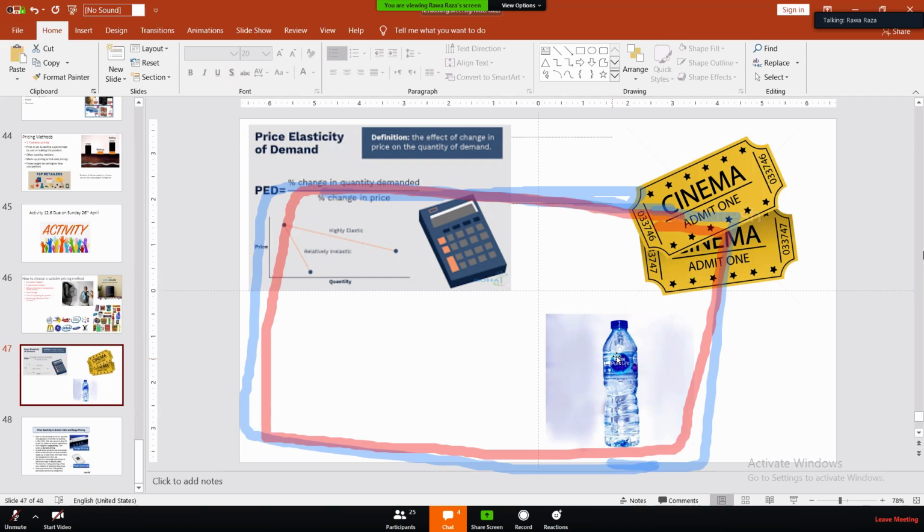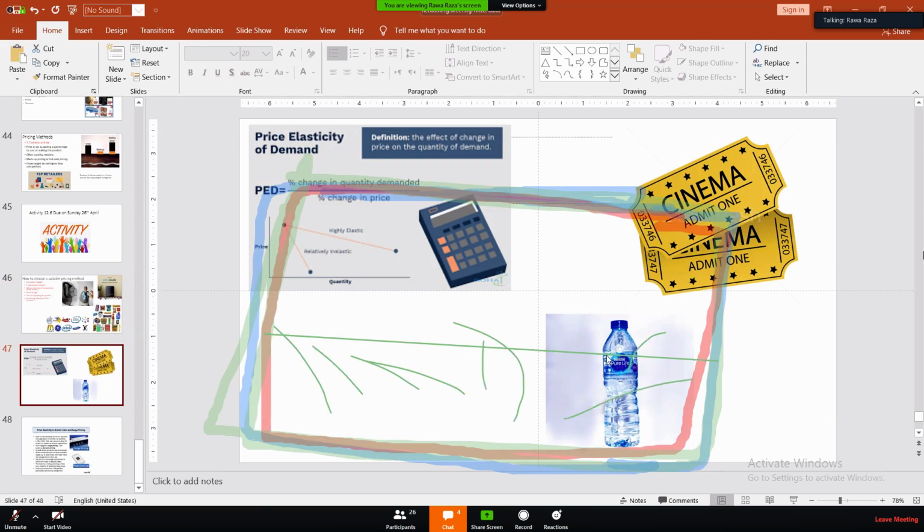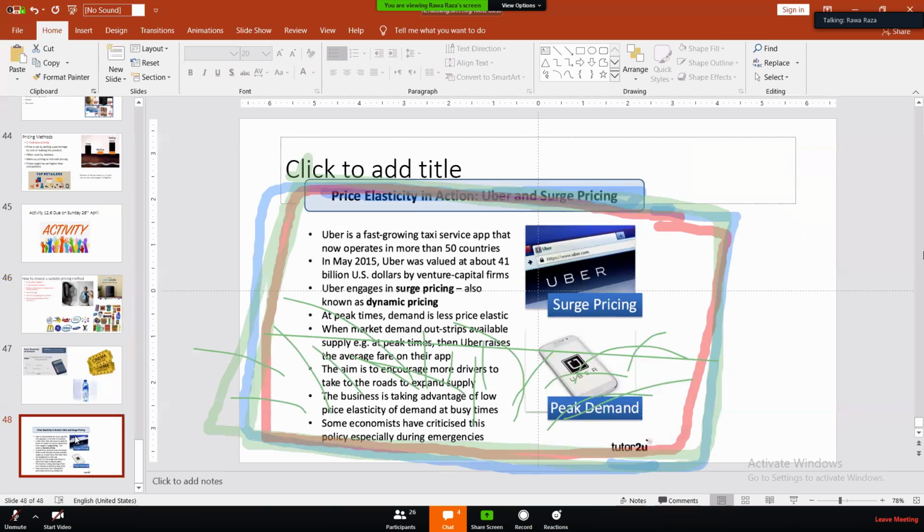Bottled water could become elastic for a certain period of time, like during a huge recession, like we're experiencing currently in our economy, a very severe slowdown, where if businesses increase their price, a lot of people will not be able to buy them. So it depends on external factors as well, and it could change even during certain time periods in the same day, like the Uber example.